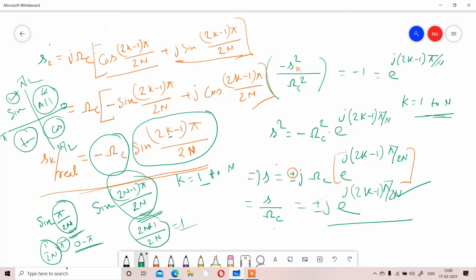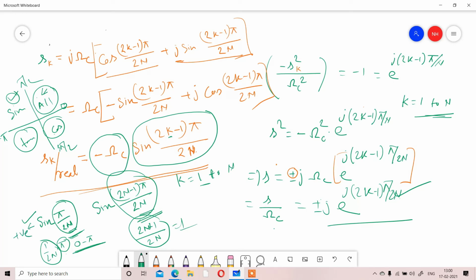So the range you have is from 0 to pi. For all the values of k from 0 to n, the angle range you are getting is from 0 to pi, which means the sine value will always be positive, whatever the value.